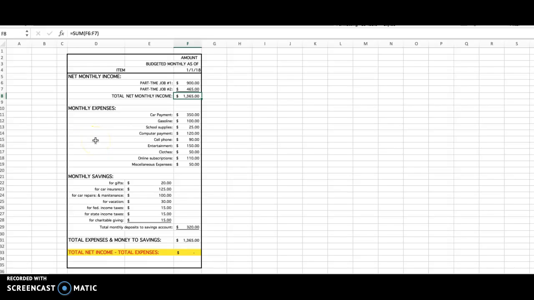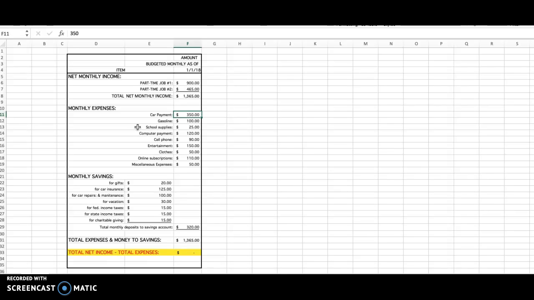Let's take a look at some of the expenses, and these are typical. It'll change from person to person, but this person apparently does own a car, so he or she has to make a car payment every month, so that has to come out of the $1,365. So this is an expense that needs to be there.